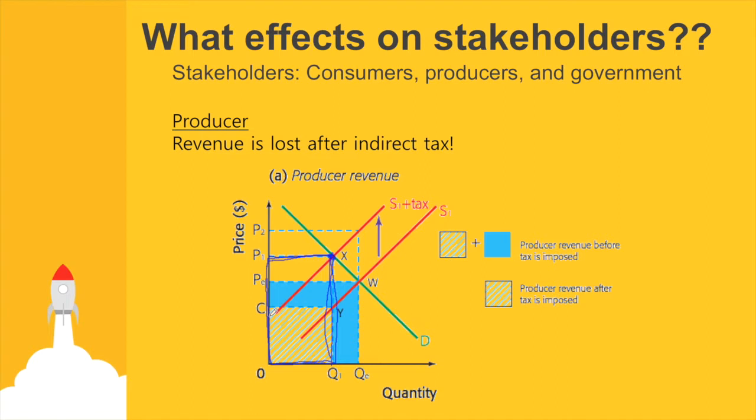We need to consider the amount of tax paid to the government, right? As we discussed before, the amount of tax paid to the government is this box, which means that even though the new equilibrium forms this big producer revenue box, this tax paid to the government will be lost. This bottom box will be the new producer revenue after indirect tax, which means revenue is lost after indirect tax.